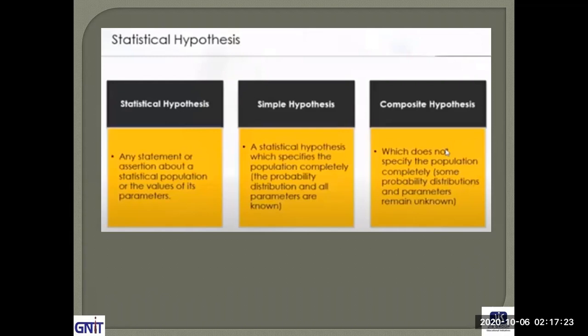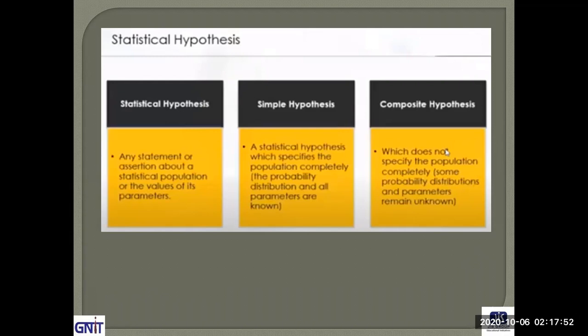That is actually statistical hypothesis. The simple hypothesis means a statistical hypothesis which specifies the population completely. The probability distribution and all parameters are known. Whereas composite hypothesis does not specify the population completely; some probability distribution and parameters remain unknown.